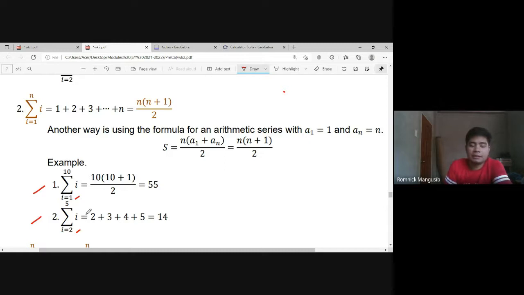Kapag nag-start sa 1 ang given, this is formula A, this is formula B. Sa number 1, pwede mong gamitin ang A or B. Pero ang pinakamabilis na gamitin dito is B sa number 1. Sa number 2, ang magandang gamitin dito is formula A.